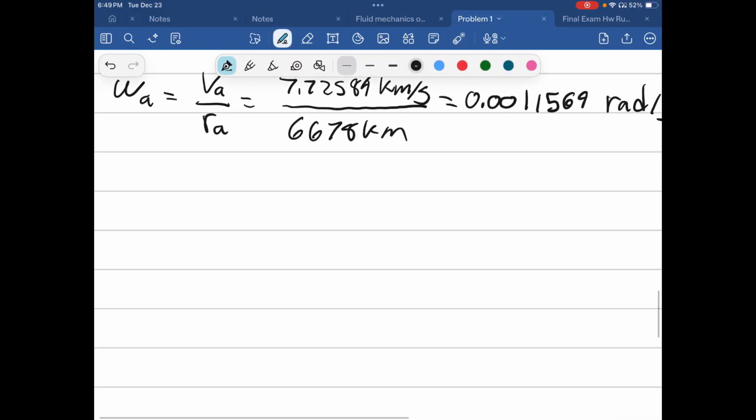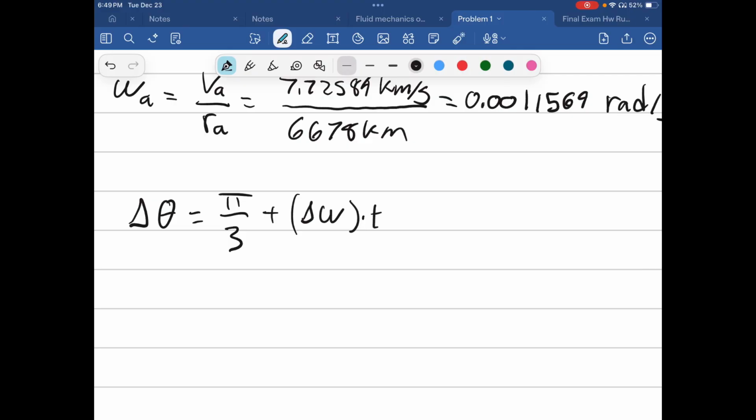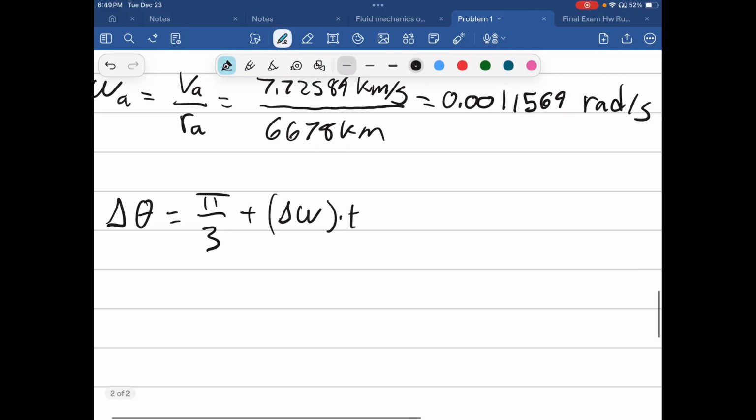Okay, so we have our change in true anomaly equals our initial difference in true anomaly, right, our 60 degrees, plus the difference in angular velocity times time. So we know that we can expand that out. That's the same thing as pi over 3 plus omega B minus omega A times time.